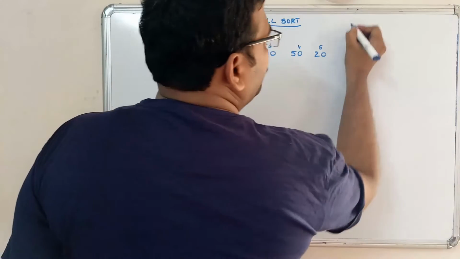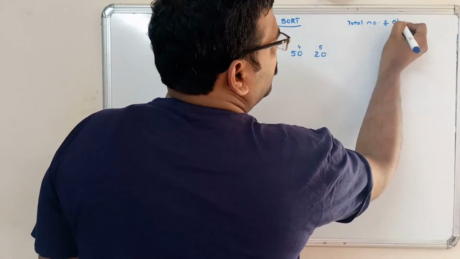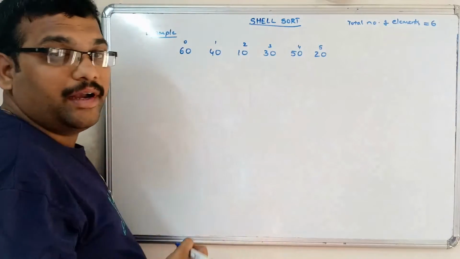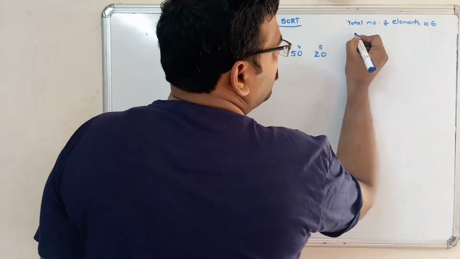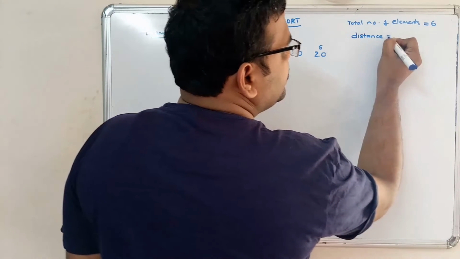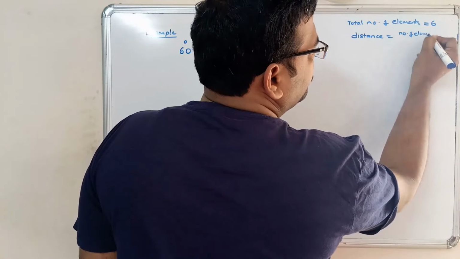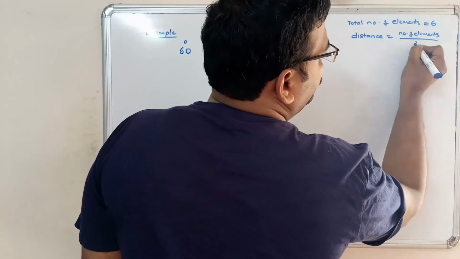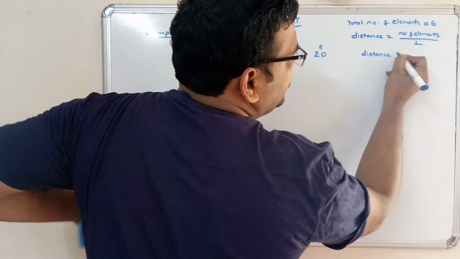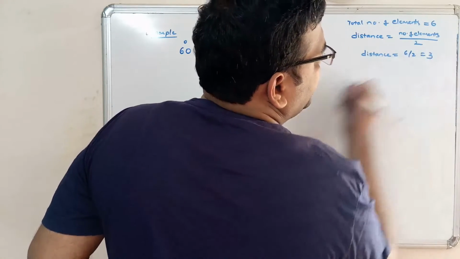So total number of elements are 6, right? Now we have to find the difference or a gap or a distance. We can call anything here, right? Distance is equal to number of elements by 2. Therefore distance is equal to 6 by 2, which is 3.